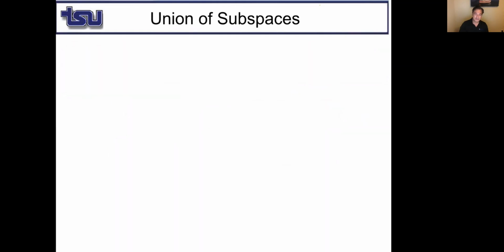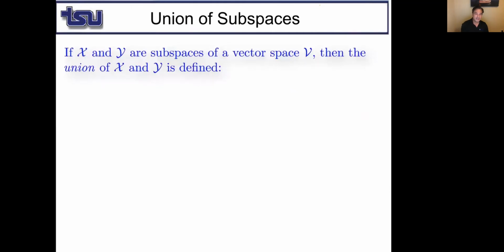Union of subspaces. People typically get confused between the sum of subspaces and the union of subspaces. Let's be very careful here. Now X and Y are subspaces of a vector space V. Then the union is defined as all elements that come either from the first subspace or from the second subspace. The union of X and Y may not be a subspace itself. Why?